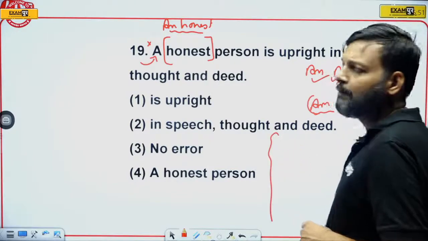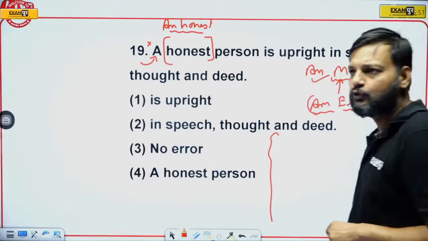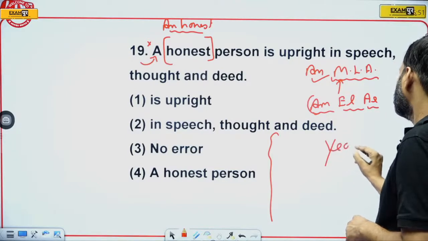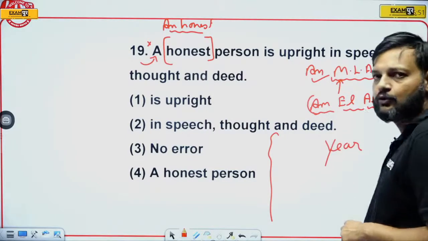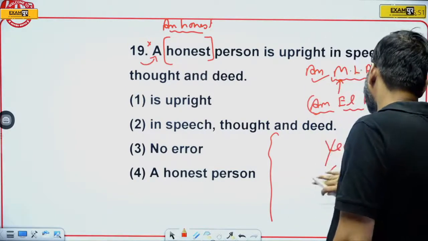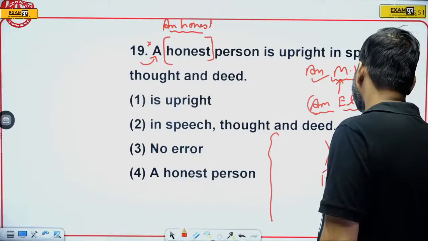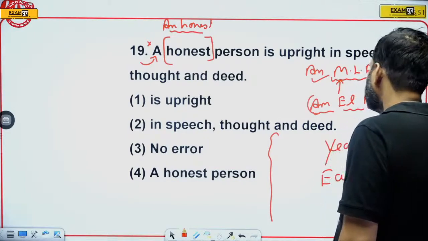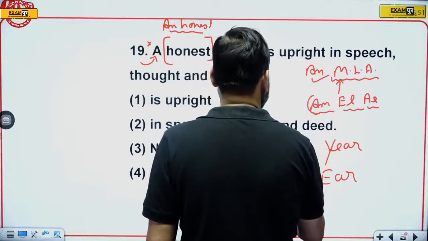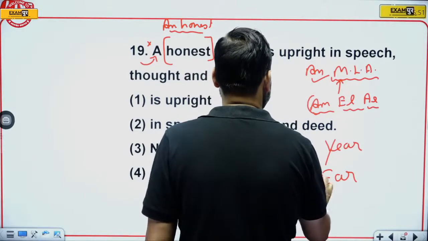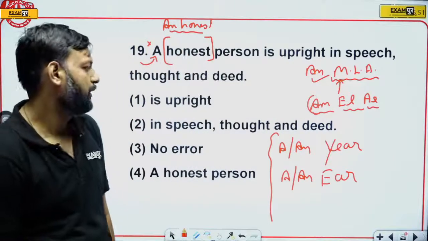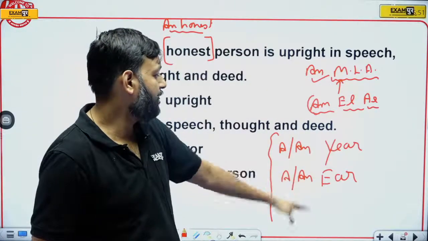Now people always get confused when it comes to using "a" or "an". Who can tell me, which article has to be used with "ear"?